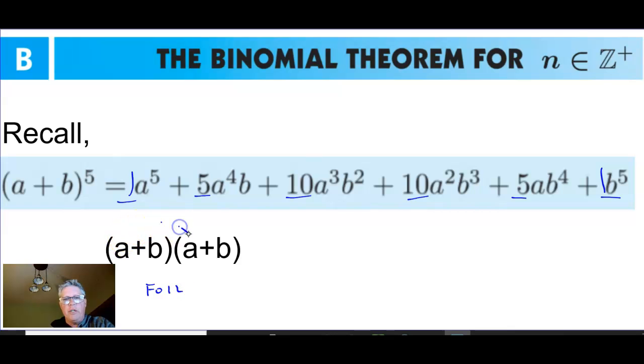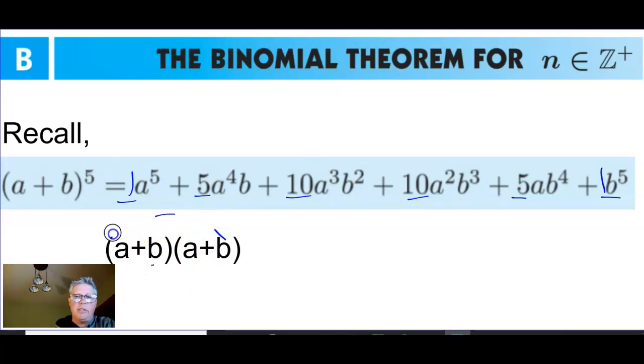So first, outside, inside, last. So that's a really popular one until you don't have 2 binomials. Then you're FOILed. But basically, you picked one here, you multiply it times one here. You picked one here, you multiply it times another one. In other words, you kept up and figured out all the possibilities.